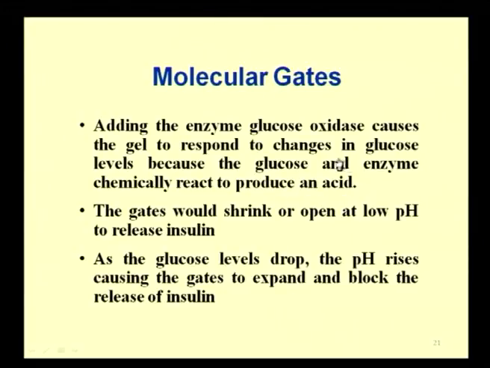Hence, due to the production of the acid, the gates would shrink or open, let me say, at low pH, and hence the release of the insulin takes place. As the glucose level drops, the pH once again rises, causing the gates to expand and hence block the release of the insulin. This is the basic working mechanism of the molecular gates.